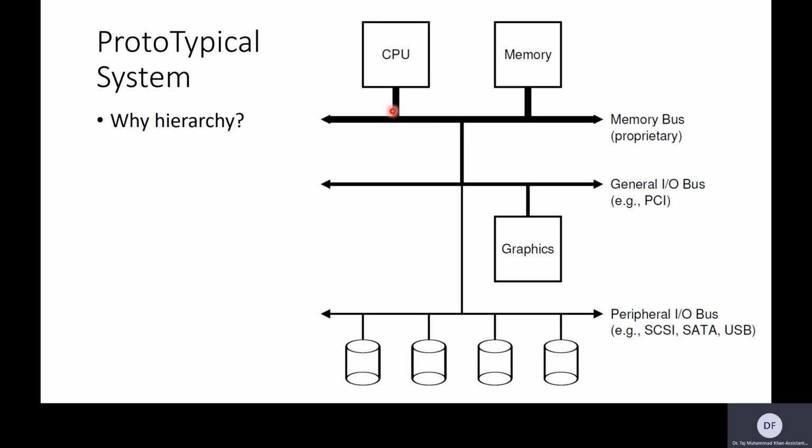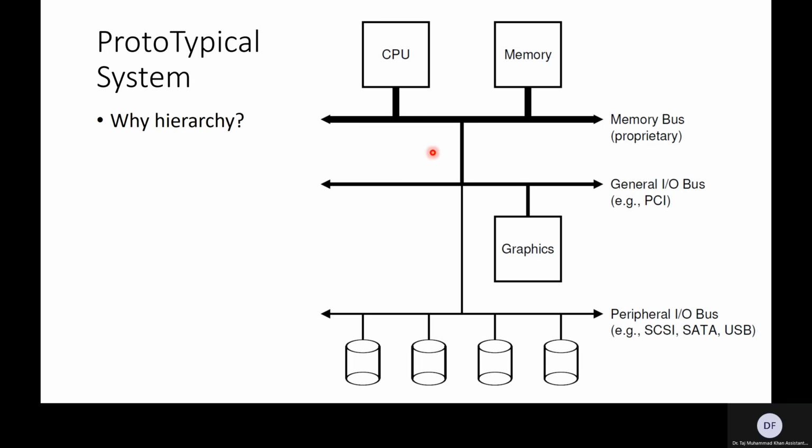The memory bus is a high-speed bus which connects a CPU with memory. And it is usually proprietary. Every computer manufacturer or processor manufacturer has their own hardware for connecting CPU to memory. So memory buses are proprietary technology.